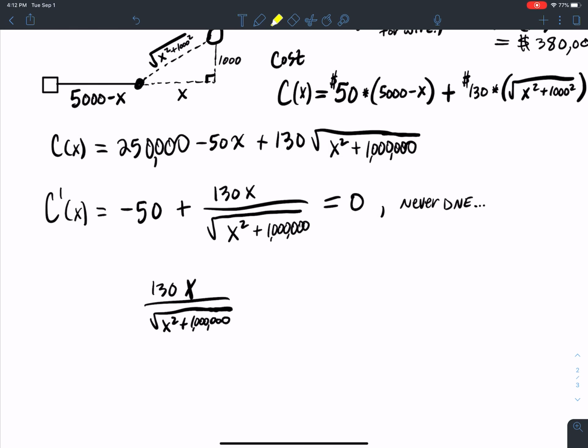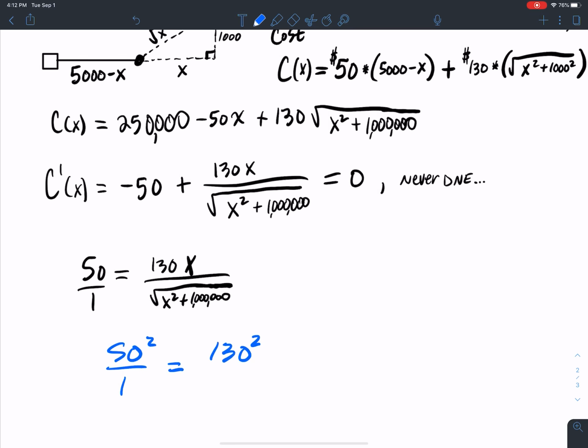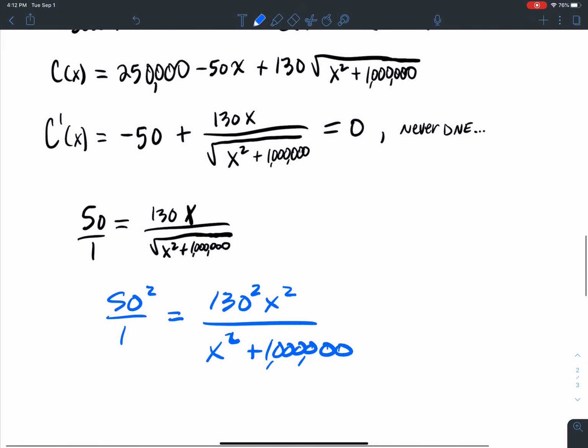So what I'm going to do is solve this equation for x. How do I do that? I'm going to move the 50 to the other side, and now I'm going to square everything. So I have 50 squared over 1 squared equals 130 squared times x squared over x squared plus a million. Now I want to cross multiply.